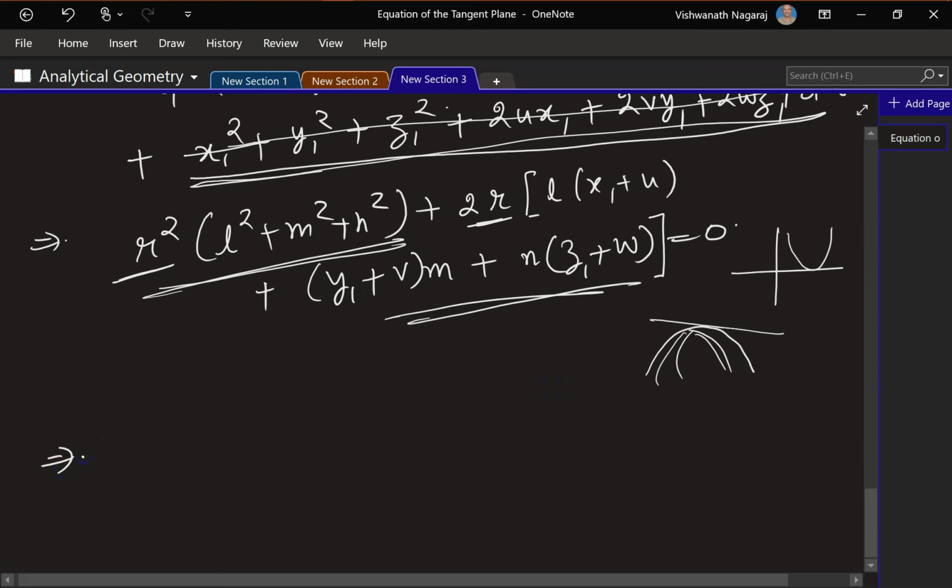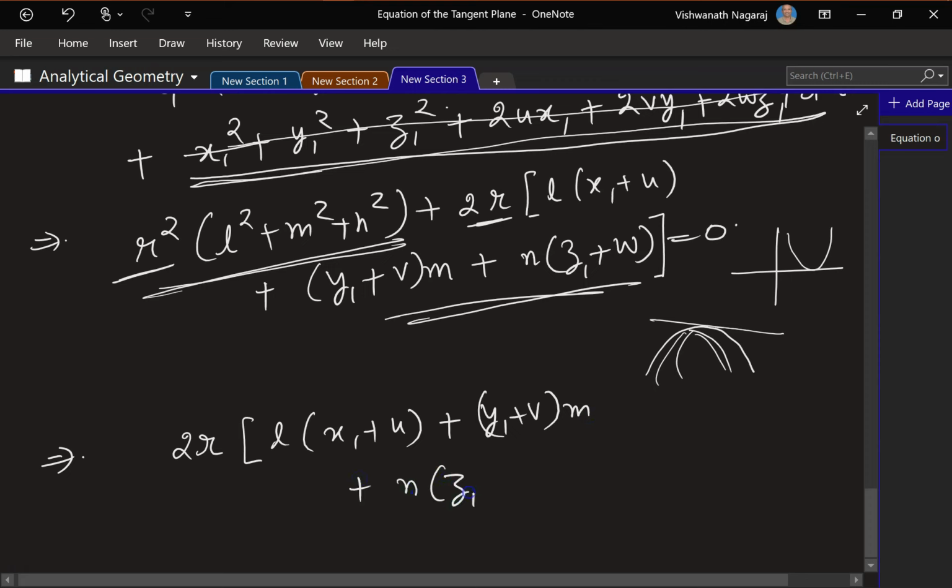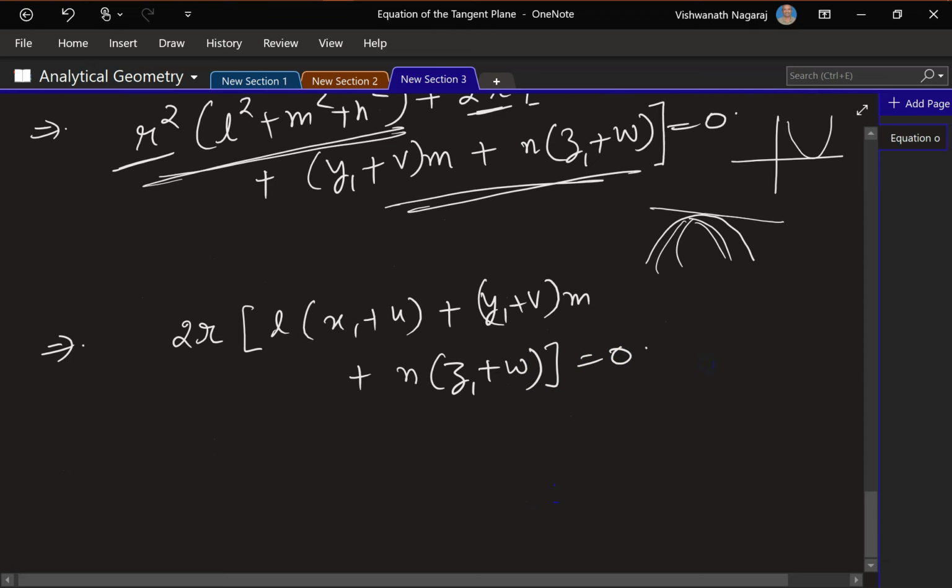So that implies that 2R [L(x1 plus u) plus M(y1 plus v) plus N(z1 plus w)] is equal to 0. Now we need to get rid of L, M and N. How do we get rid of it?